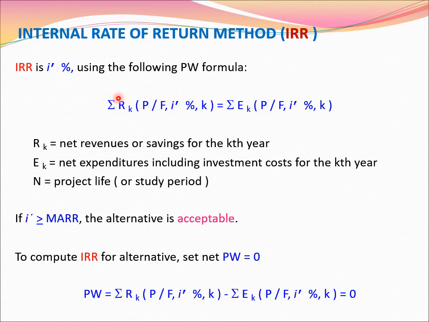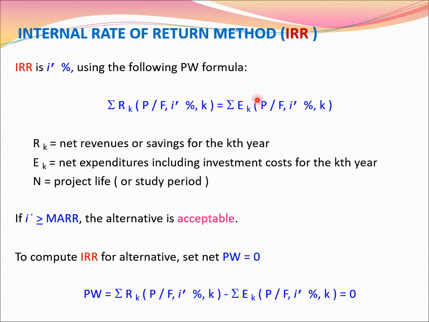And we want these revenues to be equivalent to the present worth of the expenses. So for a cash flow, we move all the revenues and all the expenses to present time using this interest rate, and we want them to be equal to each other. And from here, you identify the interest rate, and if this interest rate is greater than your MARR, we select this alternative as acceptable. Otherwise, if it is less, we reject it.